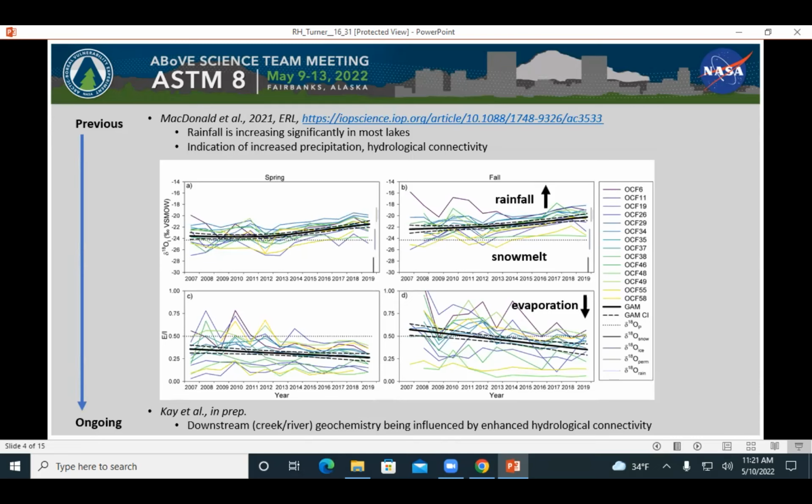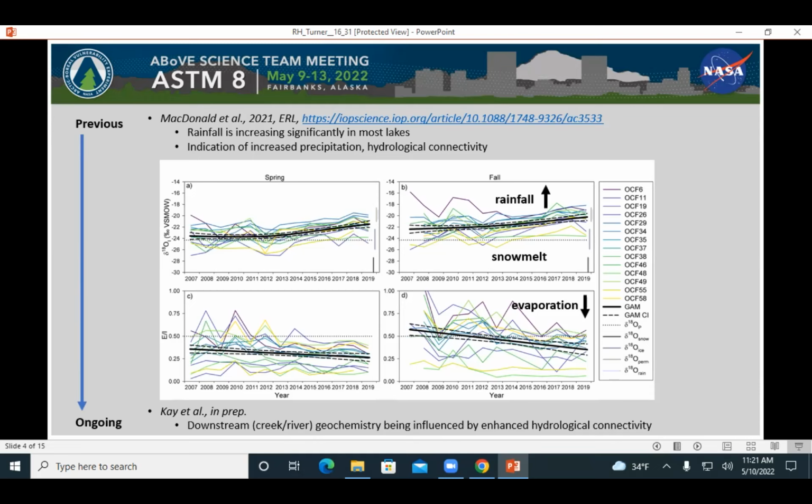It's difficult to really partition out the influence of thawing permafrost or active layer from rainfall, but they tend to be similar. So we can't necessarily cancel out the fact that we're getting increased ground ice as well. But the point is the influence of snowmelt in these lakes is going down, rainfall is going up. And regardless of how different these lakes were, and they were very different hydrologically early on, they're all converging on this more homogenized rainfall signature.